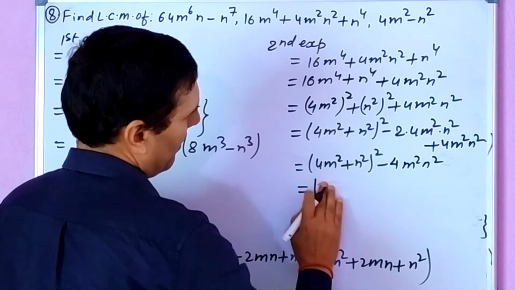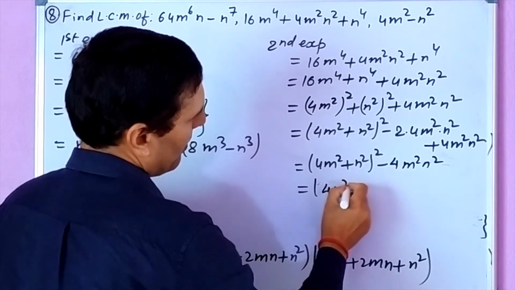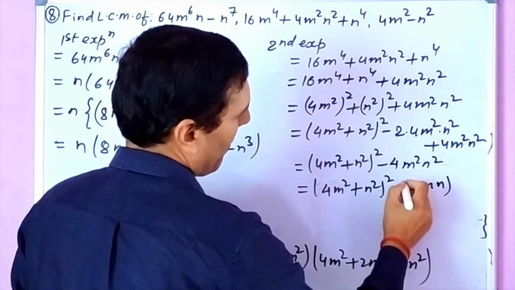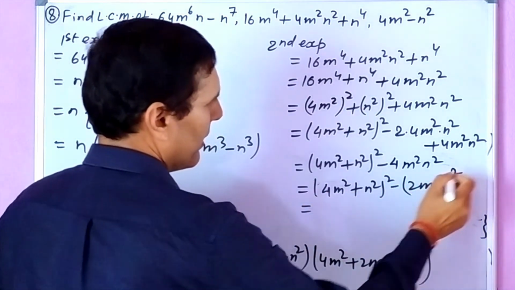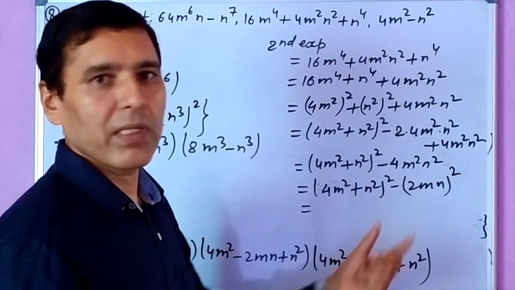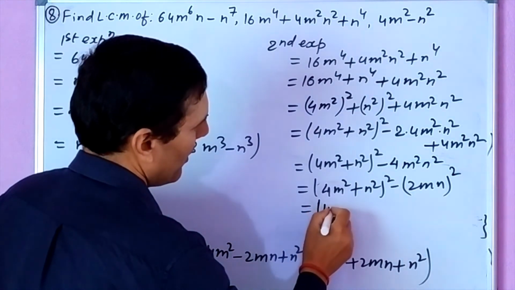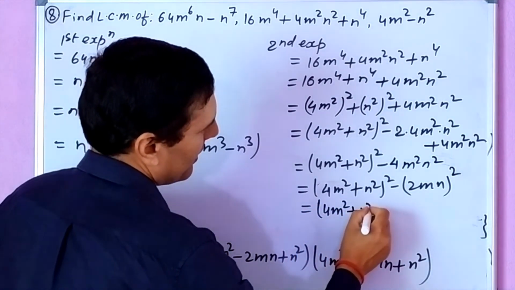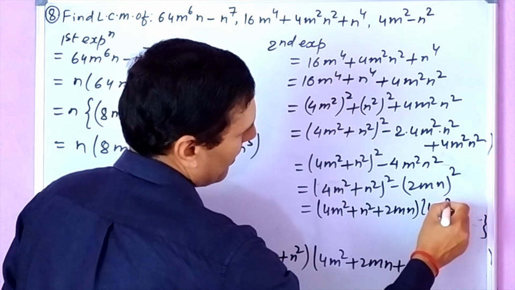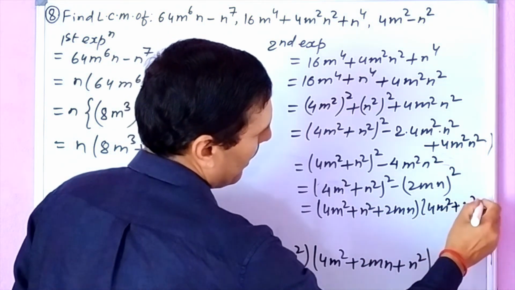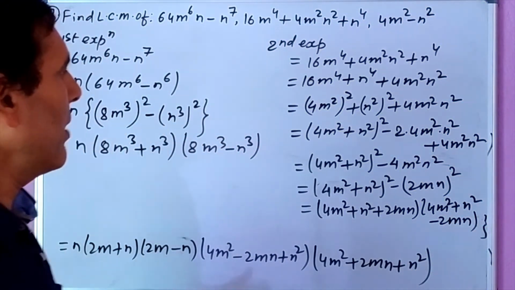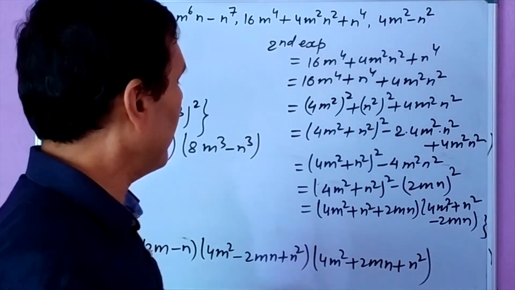So it is 4m square plus n square whole square, it is the square of 2mn. So it is in the form of a square minus b square, a plus b times a minus b. 4m square plus n square plus 2mn, 4m square plus n square minus 2mn. So these are the factors of the second expression.